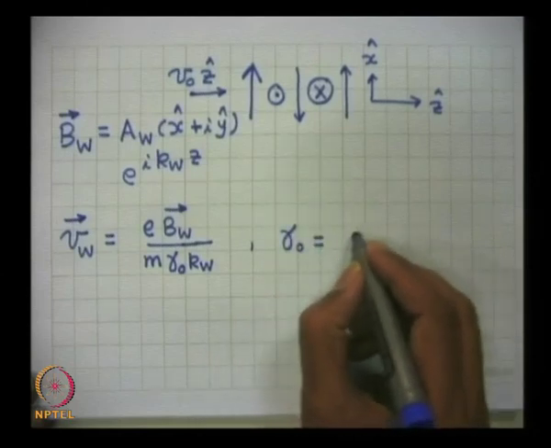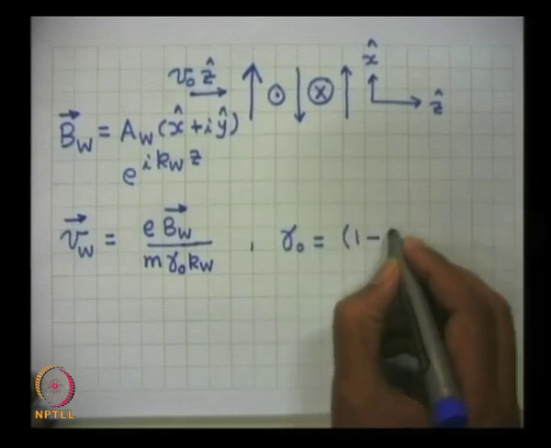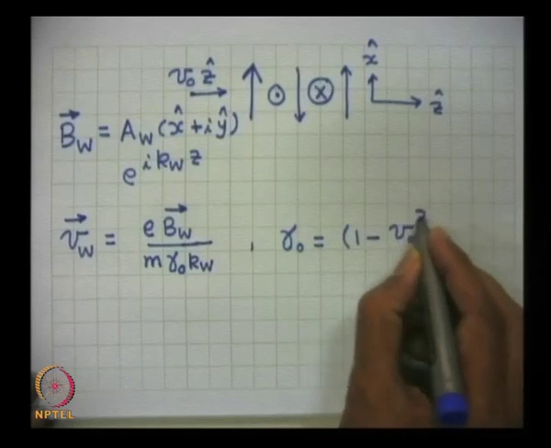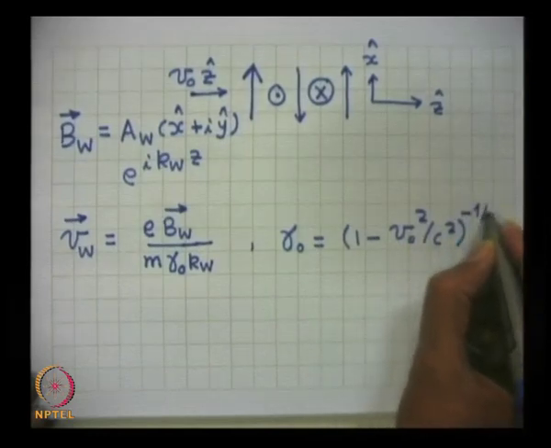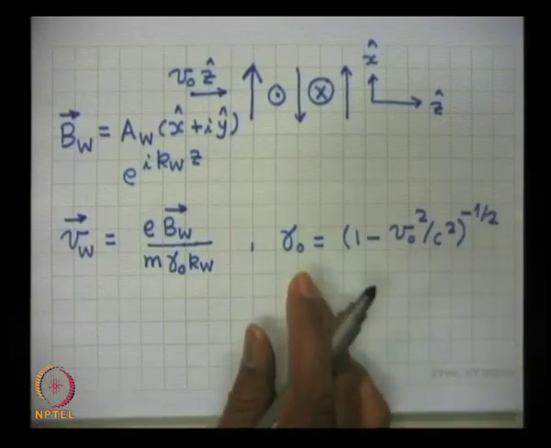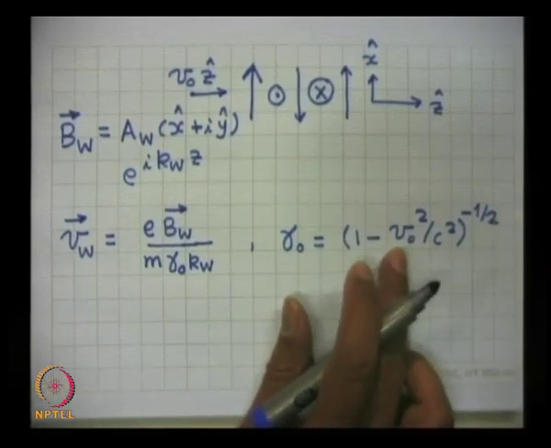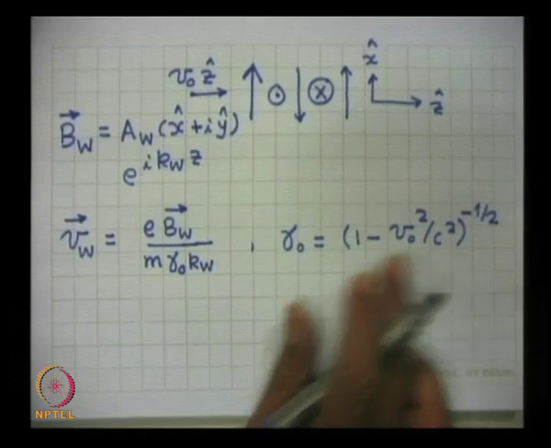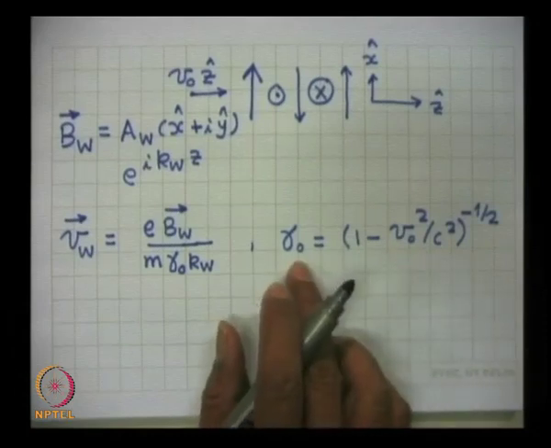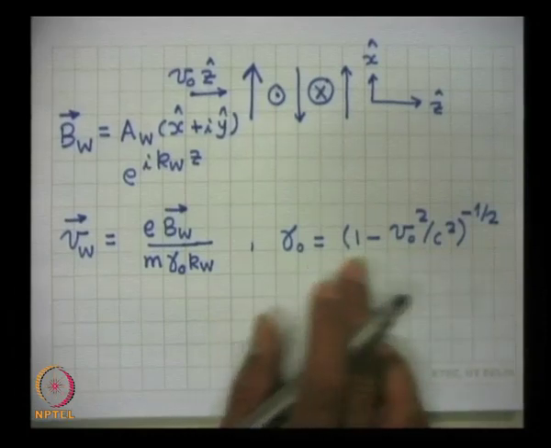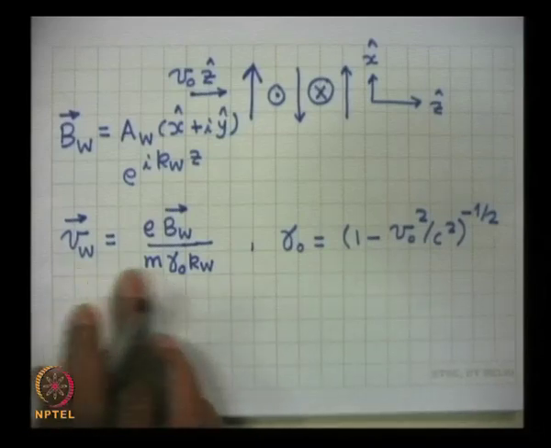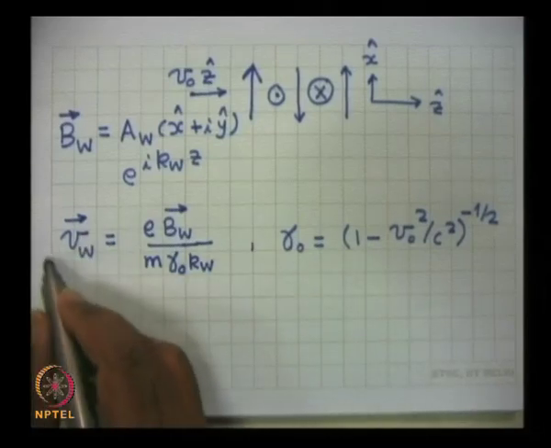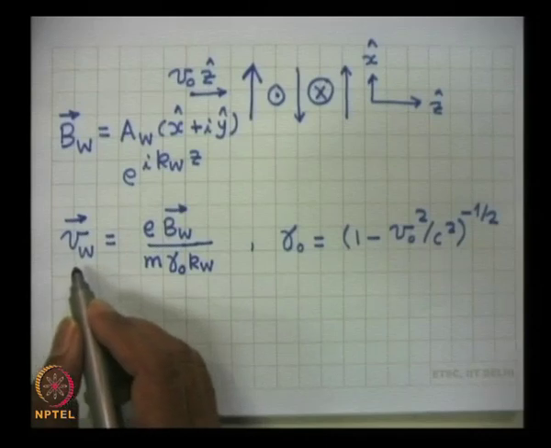Gamma 0 is equal to (1 minus v0 square by c square) to the power minus half. This is an important quantity. When the electron velocity approaches c, gamma 0 is quite large, and that is the case of our interest. So, the Wiggler velocity that the charged particles can acquire could be comparable to some fraction of c.